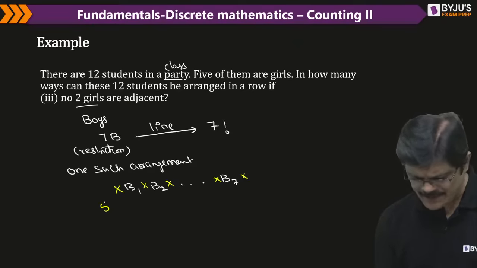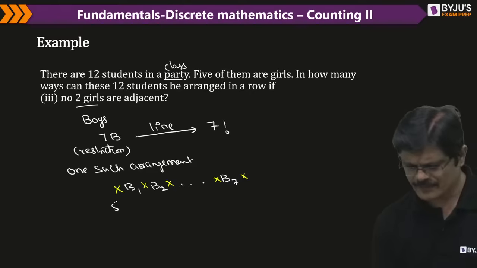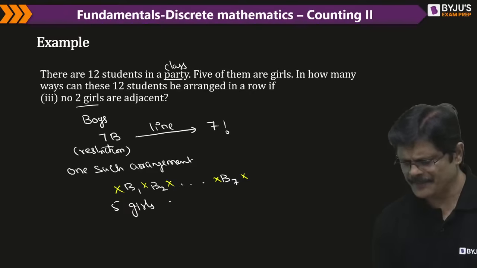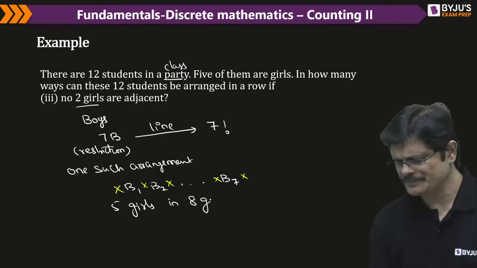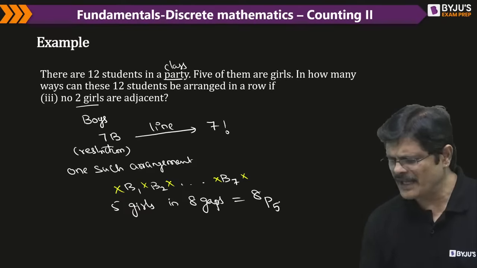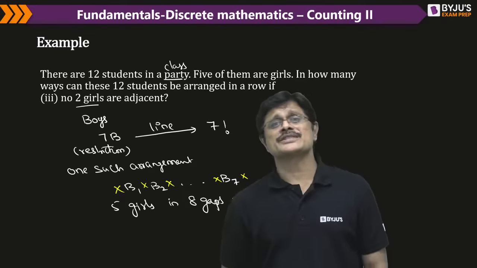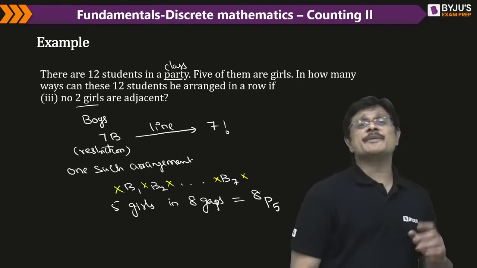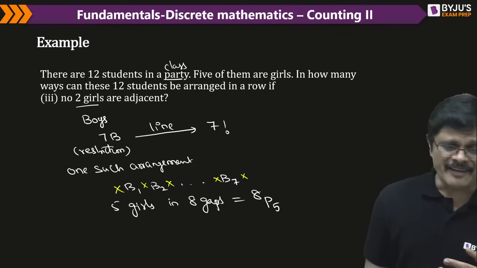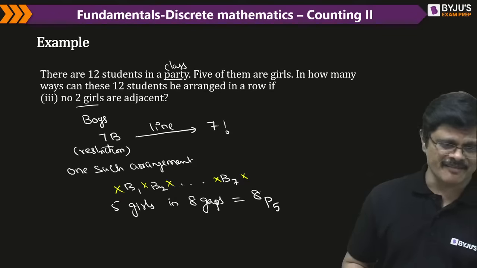So arrange the 5 girls in 8 gaps, which can be done in 8P5 ways. Arranging is permutation, so you can arrange them in 8P5 ways, my dear friends.